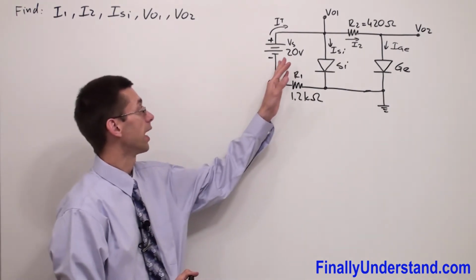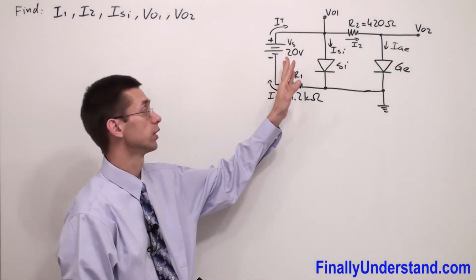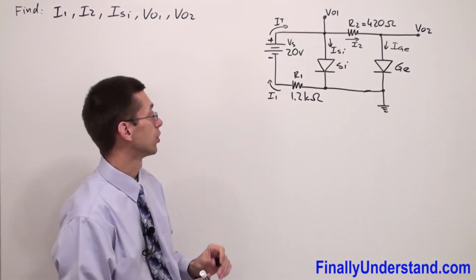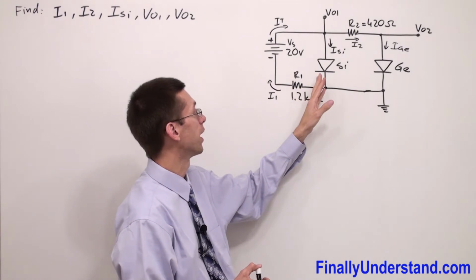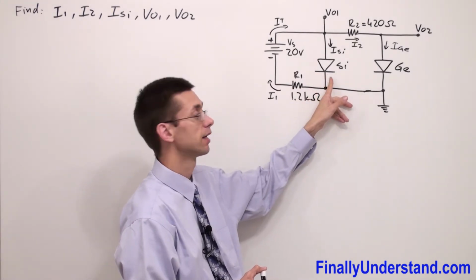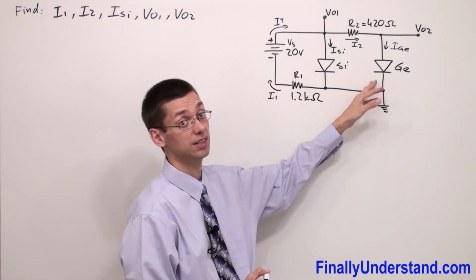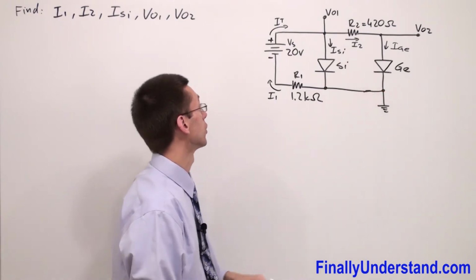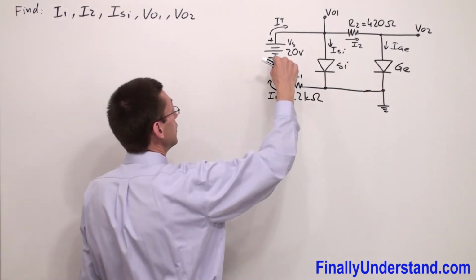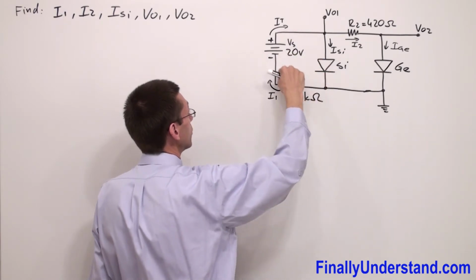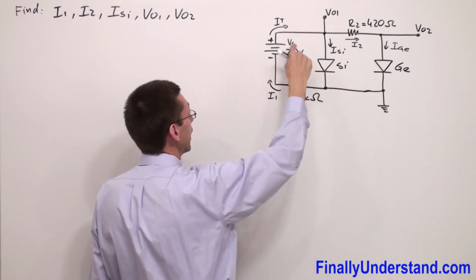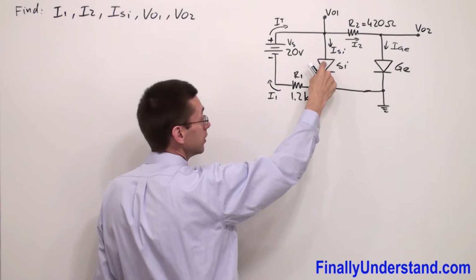Okay, so the power supply is pretty strong, 20 volts. So it means that I'm going to forward bias this diode and I'm going to forward bias this diode. If the current is going to flow in this loop, I'm forward biasing this diode.